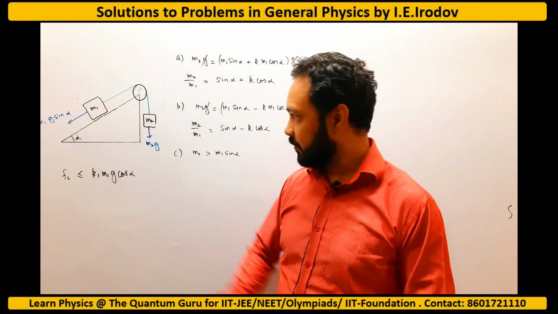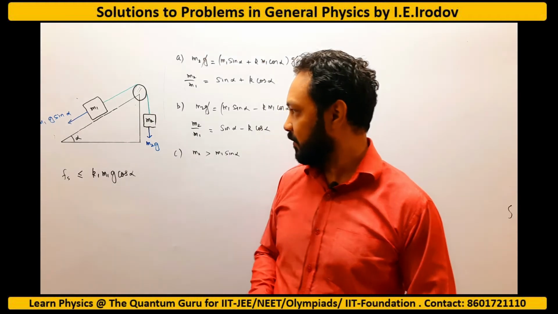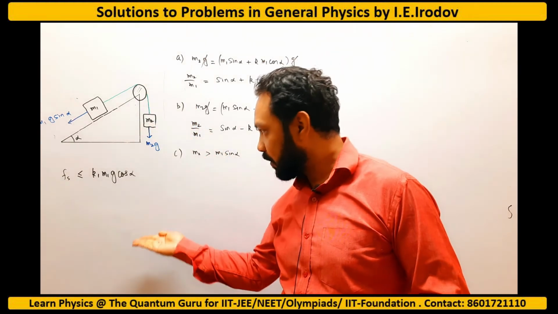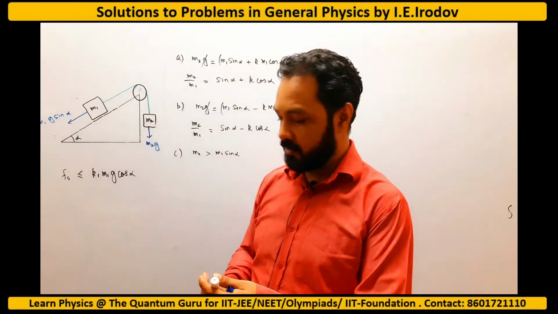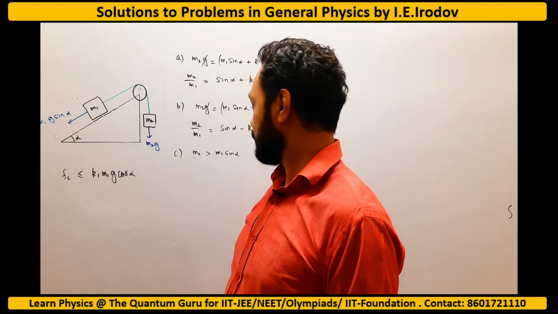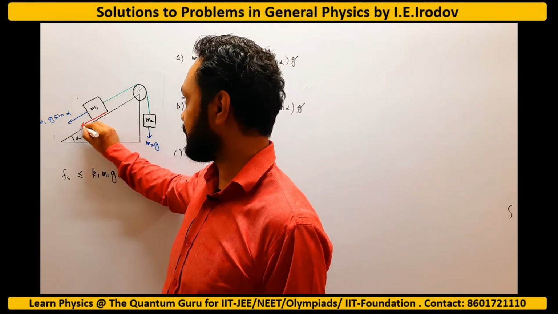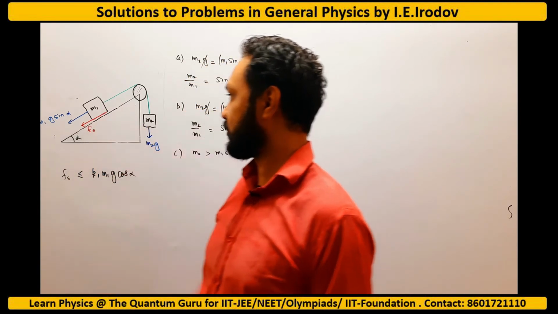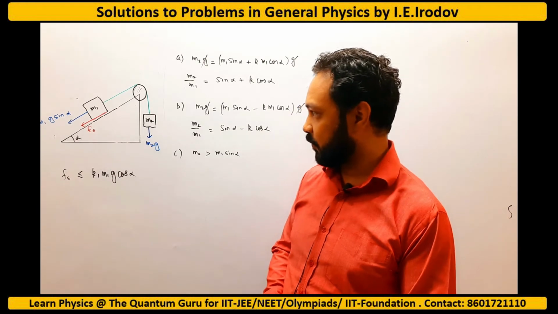Now the role of friction, suppose it has to be at rest, and m2 is more than m1 sin alpha, so this will go down and this will go up. To balance this, because it is going down, m2 is more than m1 sin alpha, we will need a static friction here, just the right amount of static friction to balance all the forces.